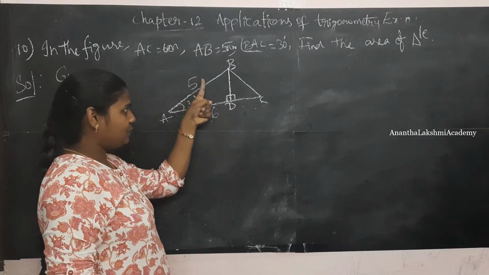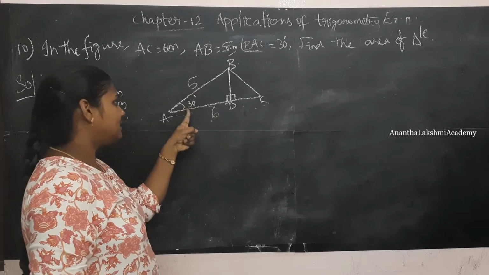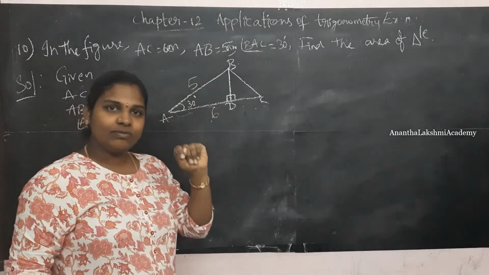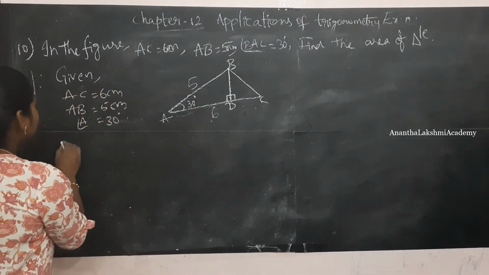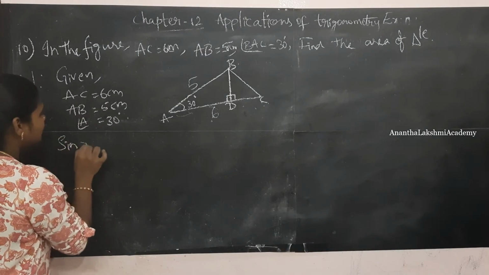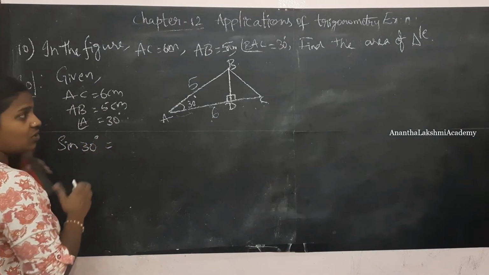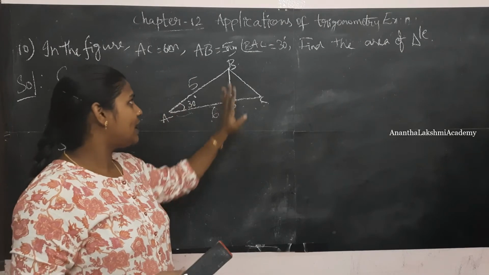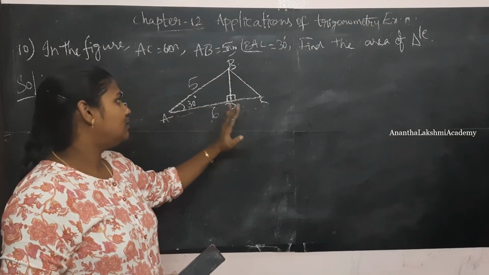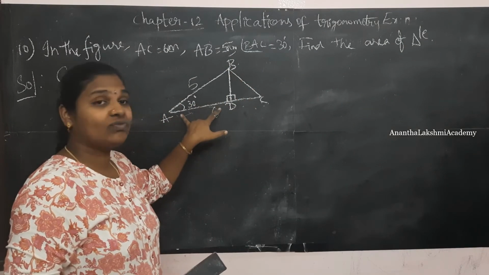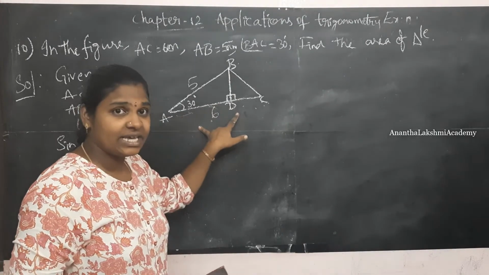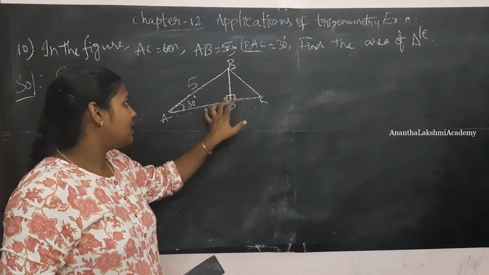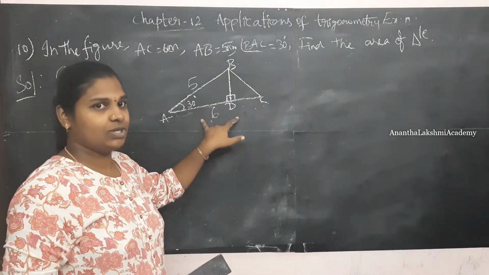So I have the hypotenuse and 30 degrees. So can I go with sine? Yes. So sine 30 degrees is equal to... why didn't I go with cos? Because we do not know what is the length of AD. We just know AC, but this perpendicular, how did it split, that we don't know.